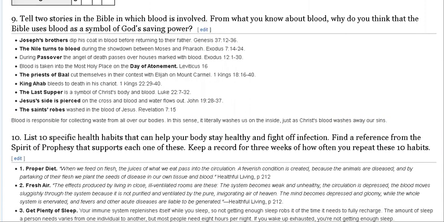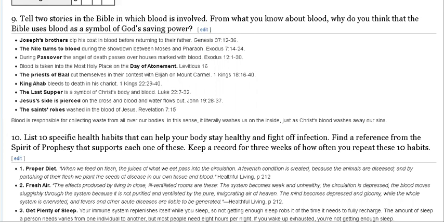All right, so number 9. Tell 2 stories in the Bible in which blood is involved. From what you know about blood, why do you think the Bible uses blood as a symbol of God's saving power? Guys, honestly, blood is pretty amazing. It transports everything.